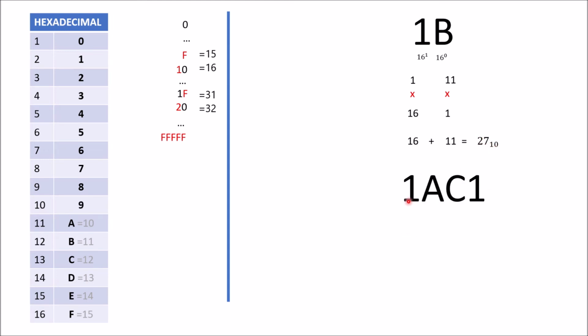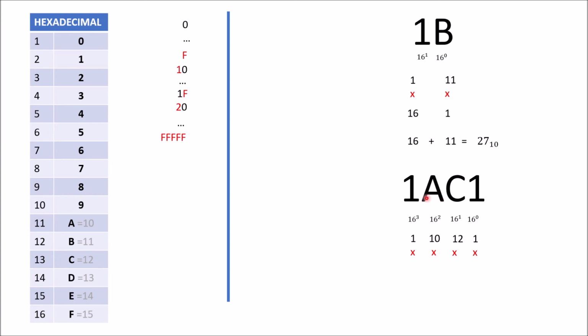Now let's do the trickier one. We do the same. We take into account the powers of 16, and then we multiply the value of every individual digit by its corresponding power of 16.